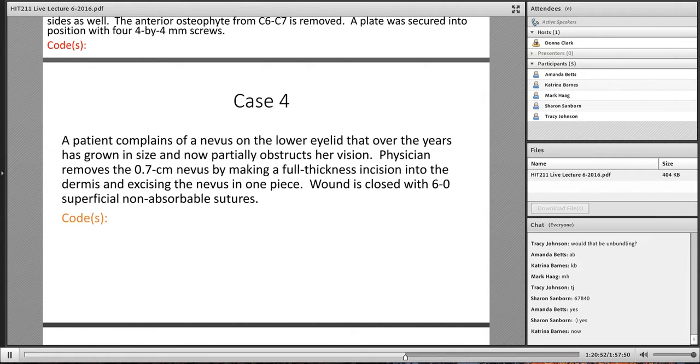Now, Sharon had said 67840 because now we're in eye and ear. So we just moved over. We're in the eye, and so this is an eye type of problem. So we would stand to believe that we should be in the sixth area. That will make sense.